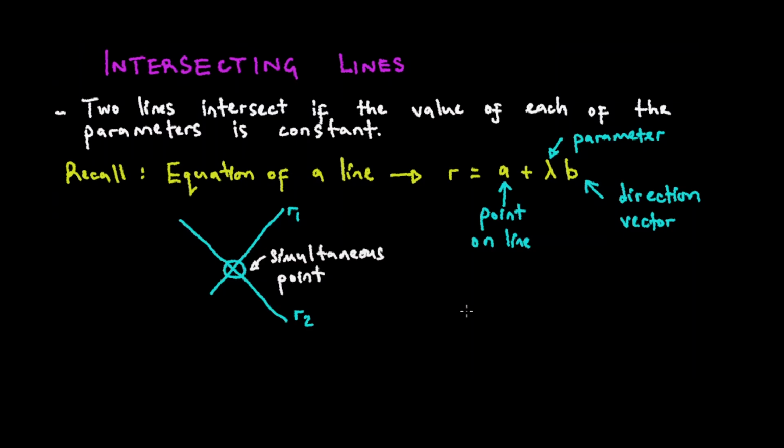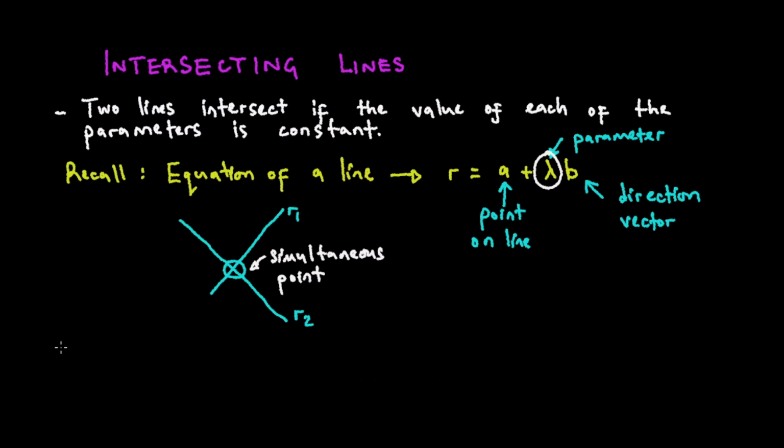So in solving, when we want to know if two lines under vectors are intersecting, we are going to be using the parameter, the lambda. So let us go through 3 examples which are going to illustrate this.